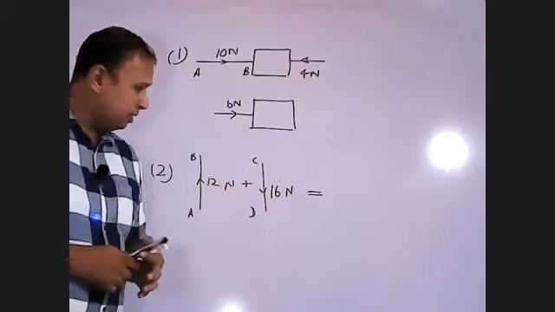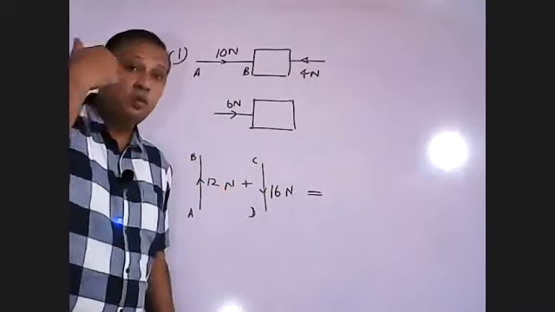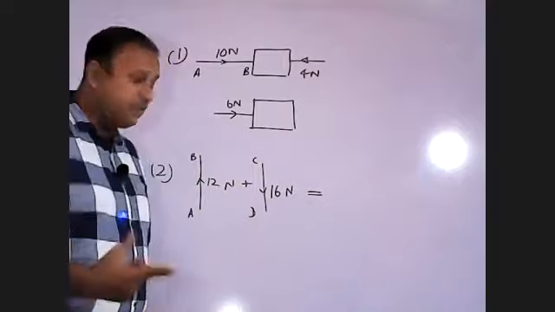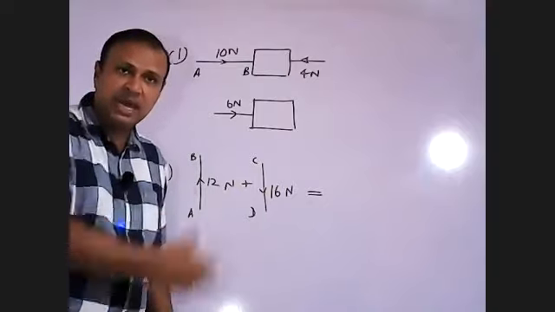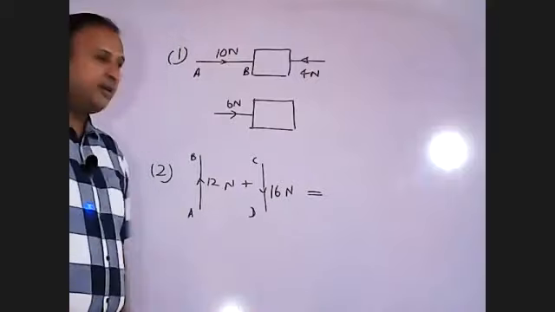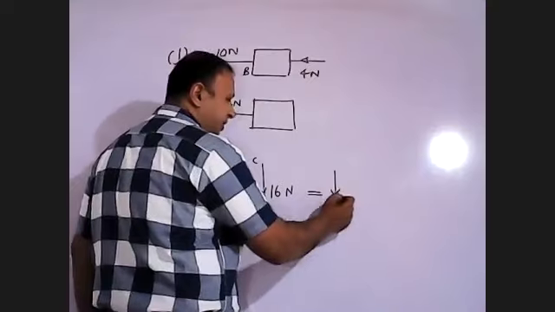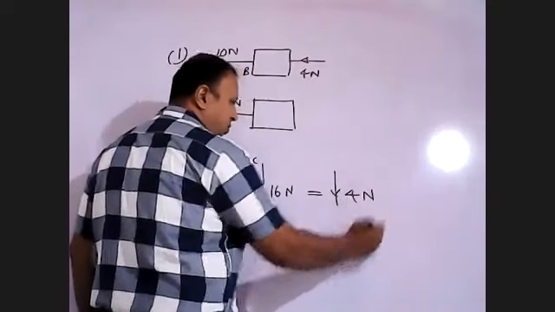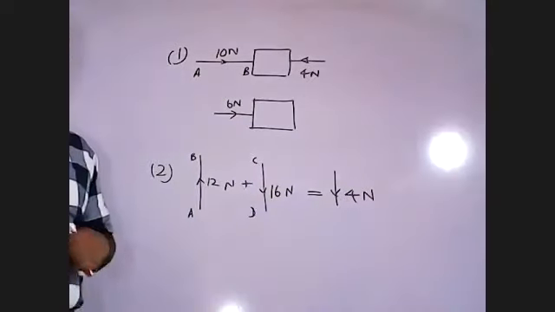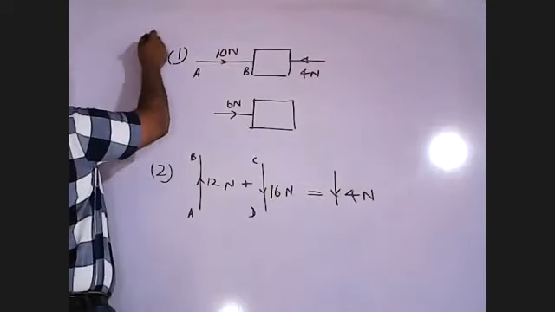Now you have calculated the magnitude. Then you have to determine the direction. Direction is the direction of the larger force, which is the direction of 16. Therefore, the resultant is 4 Newton towards the downward direction. Okay, write these two examples.